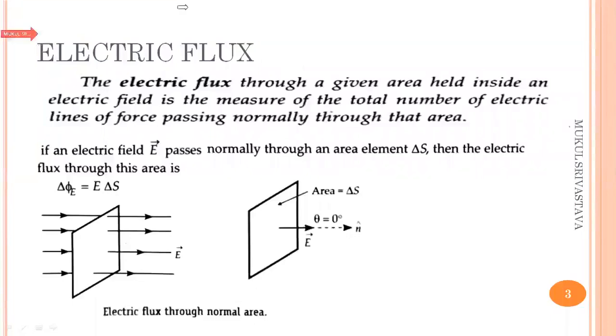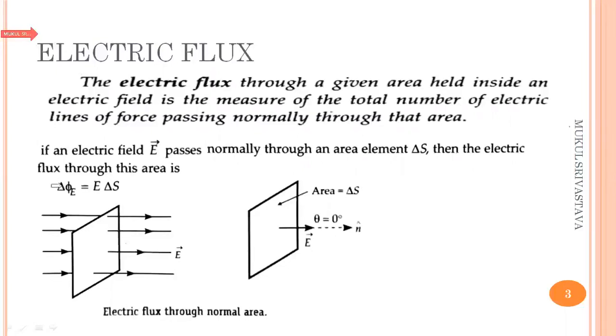Now we talk about the electric flux. Electric flux can be defined as the number of electric field lines passing through an area. This is called electric flux.